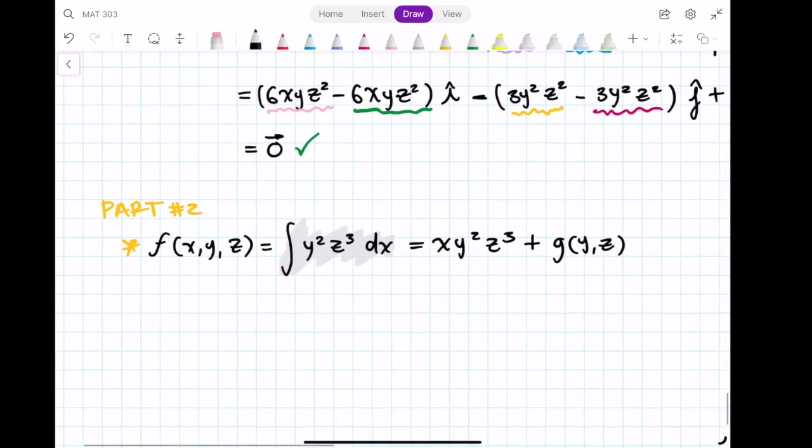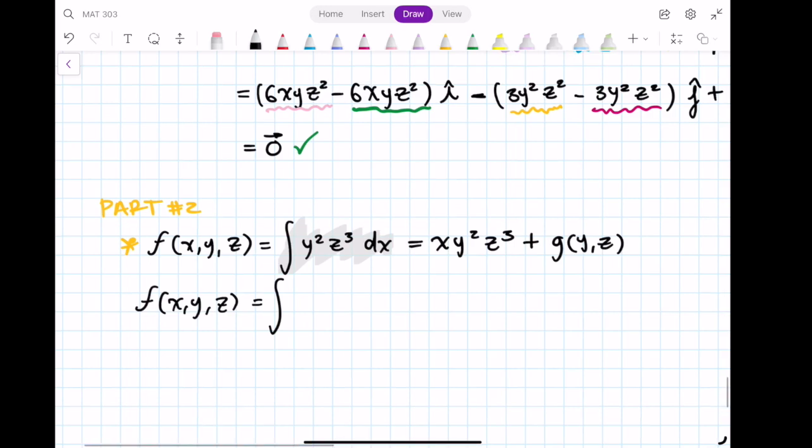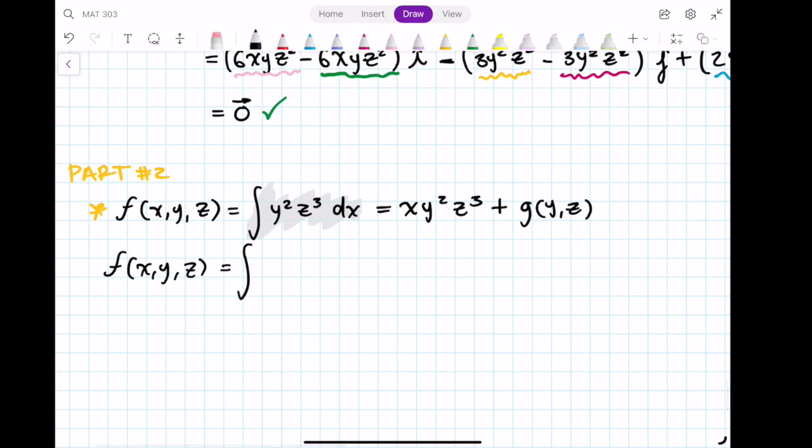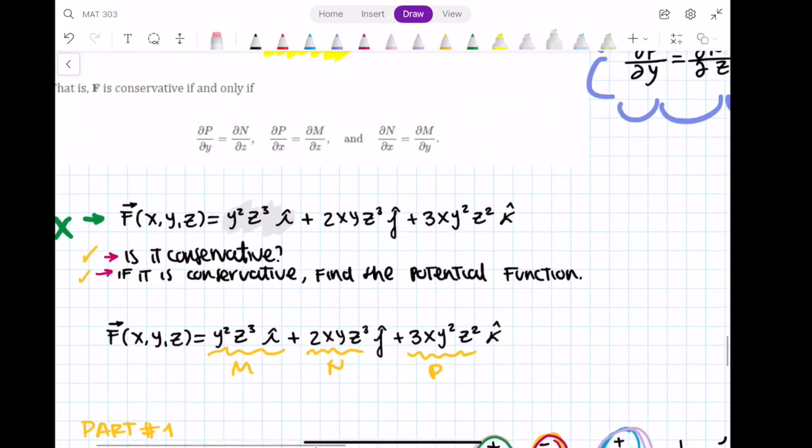Next will be the integral of dy, sorry. So it's going to be 2xyc cubed dy. And also this, we got it from the function here.